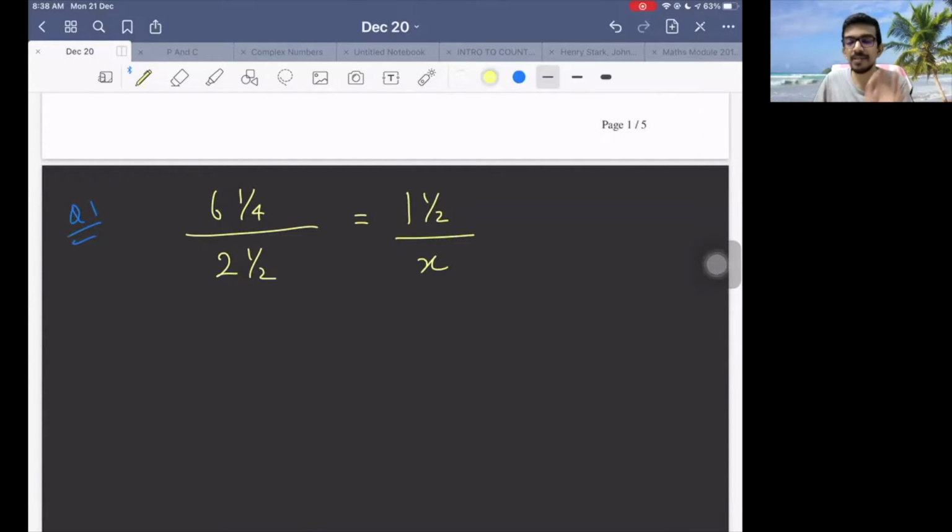At first glance, is this a linear equation? No, this is not a linear equation. But if you think about it, when you cross multiply, this becomes a very simple linear equation. Currently, you have x in the denominator.